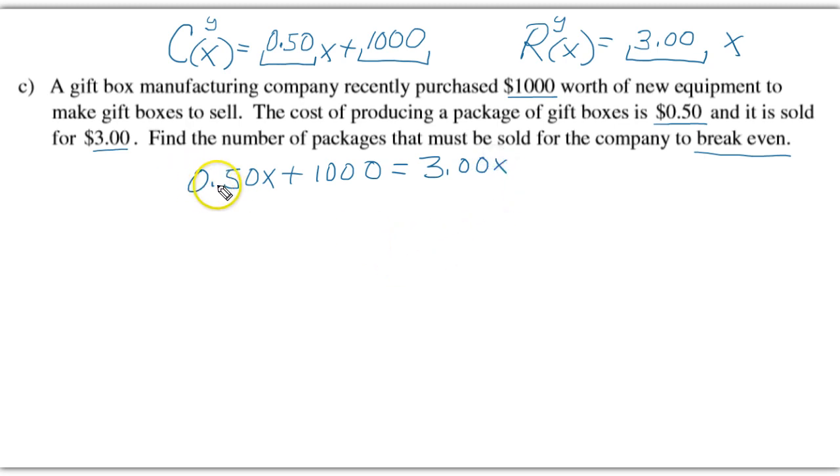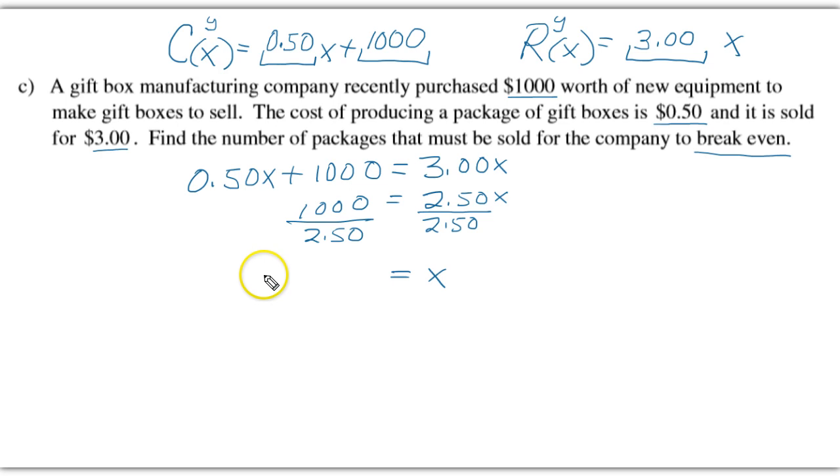So we subtract 0.50x from both sides, and that gives us 2.50x on this side. We divide both sides by 2.50, and we get x equals 400.